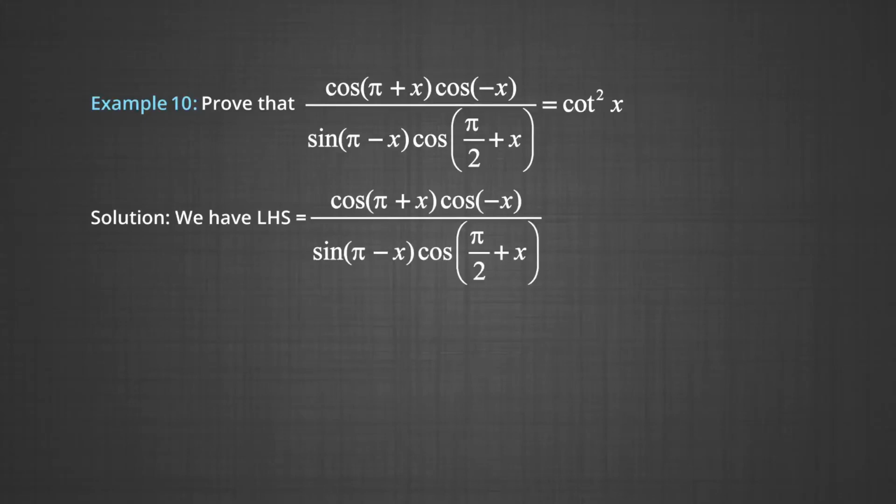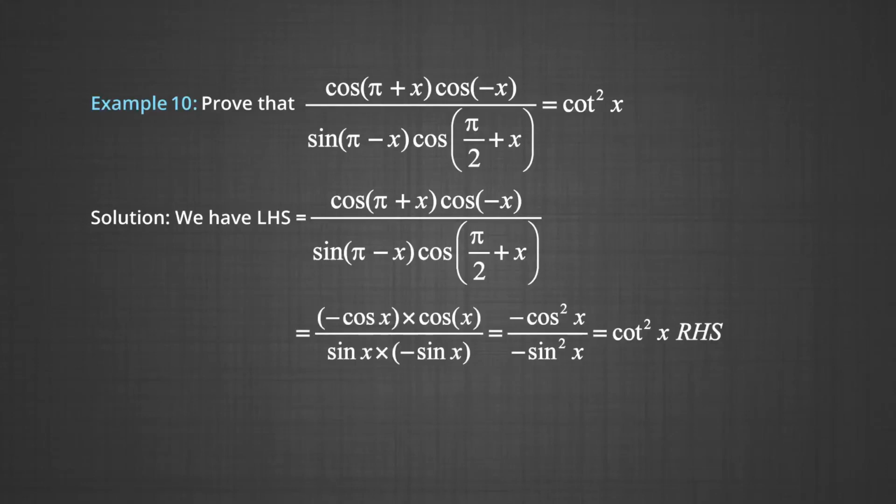Left hand side is cos of pi plus x cos of minus x divided by sin of pi minus x cos of pi by 2 plus x, which is equal to minus cos of x into cos of x divided by sin of x into minus times sin of x. So, numerator is minus cos square x and denominator is minus sin square x, which on division becomes cot square x, which is same as our right hand side.